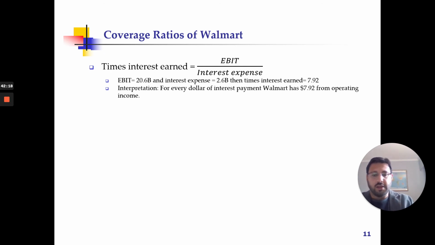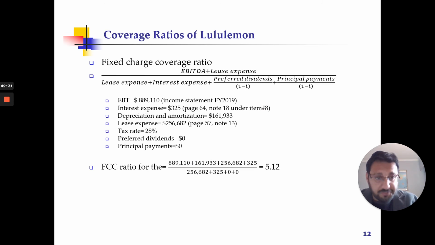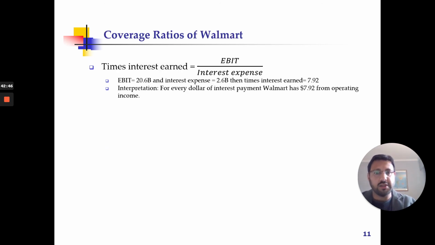income. In case of Lululemon, this second ratio under the heading of the coverage ratio is more relevant, and this ratio is called the fixed charge coverage ratio. It does not only consider interest expenses, but also all the other expenses. One of the major expenses of Lululemon is not actually the interest expense, which is the only one included in the times interest earned ratio.